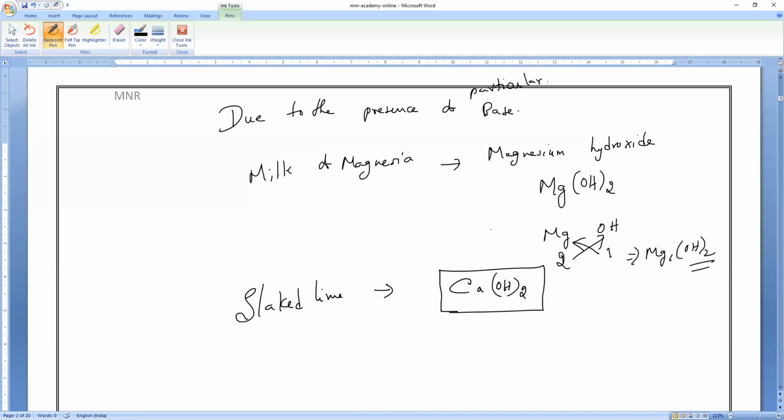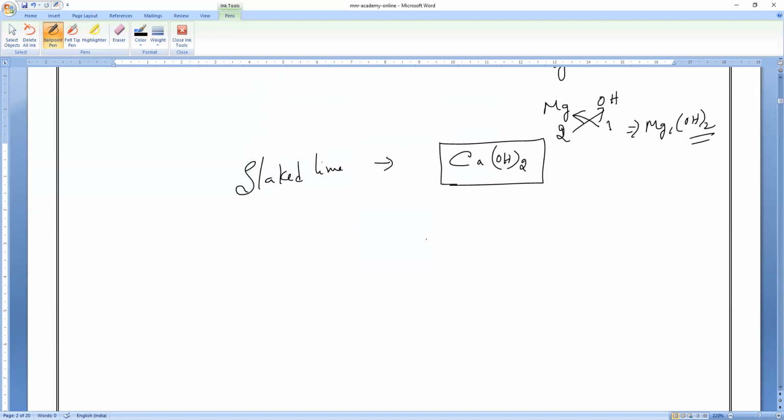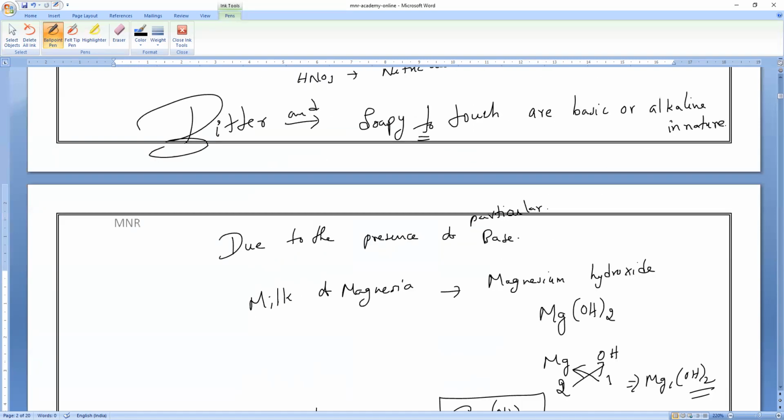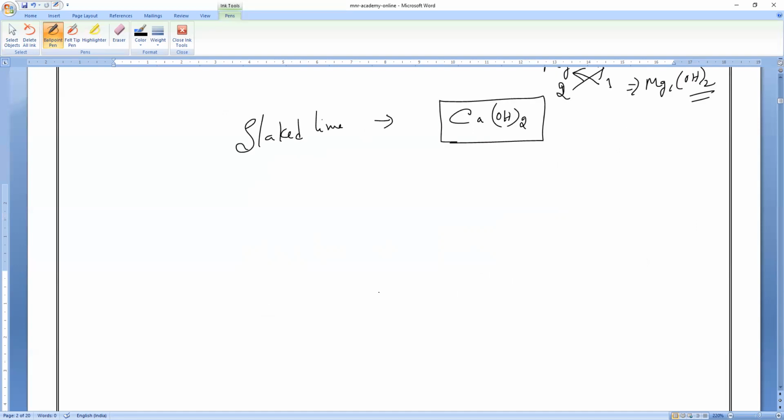That is why they are called bases. So you should remember, acids are sour in taste and bases are bitter in taste. That is what you have to remember.